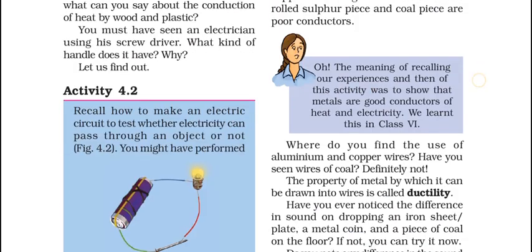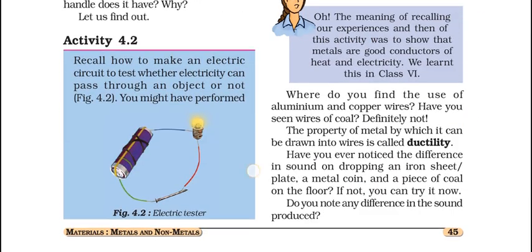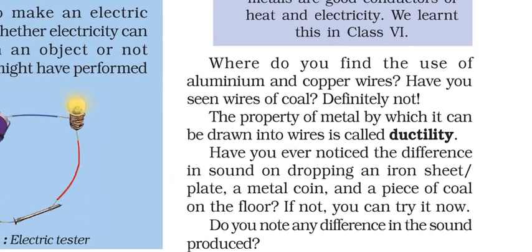But can you make wires out of coal or sulfur? No. So there is a property of metals by which they can be drawn into thin wires, and that property is known as ductility. So what is malleability? Malleability is a property of metals by which they can be beaten into thin sheets.